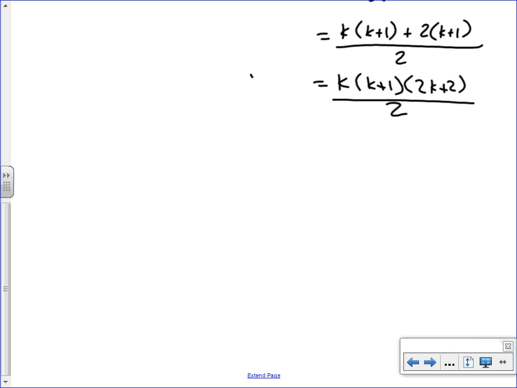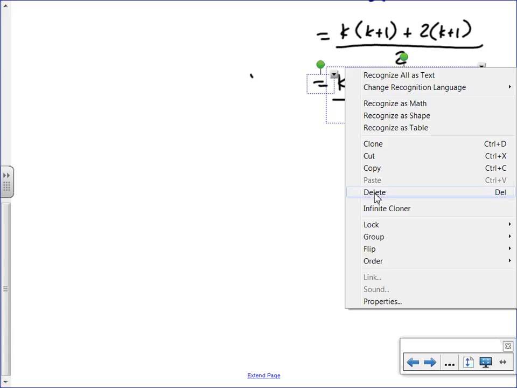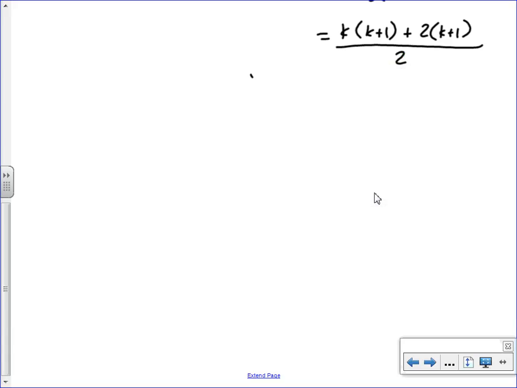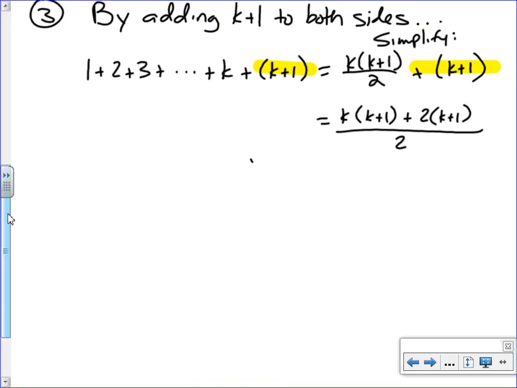Okay. Nope, let me do this. Sorry about that. Delete. I need it to look like 2k. Okay, here we go. So you'll notice that there's a common GCF. k plus 1.